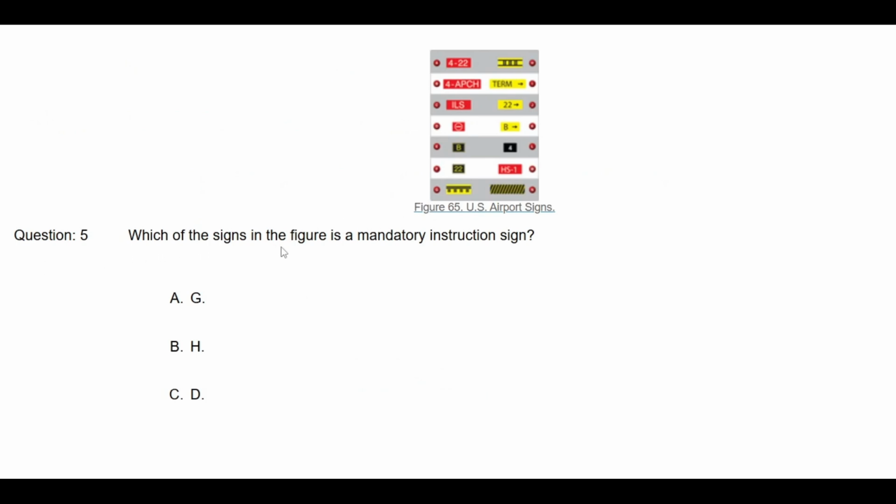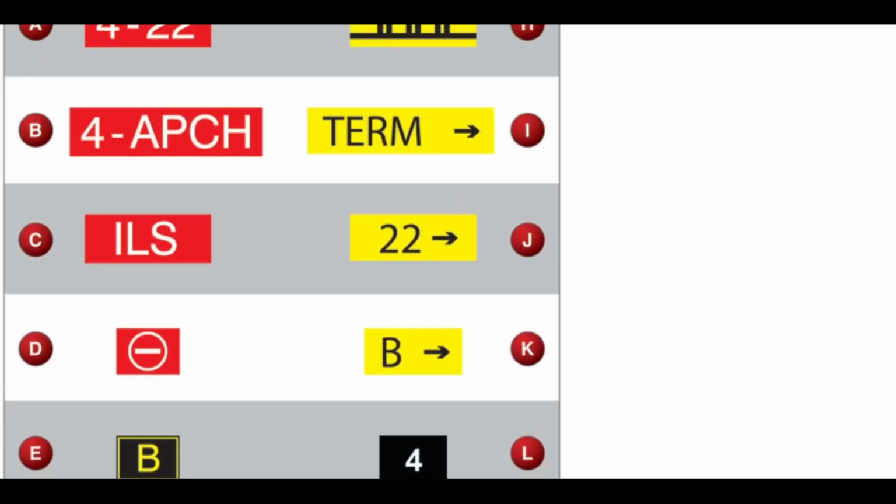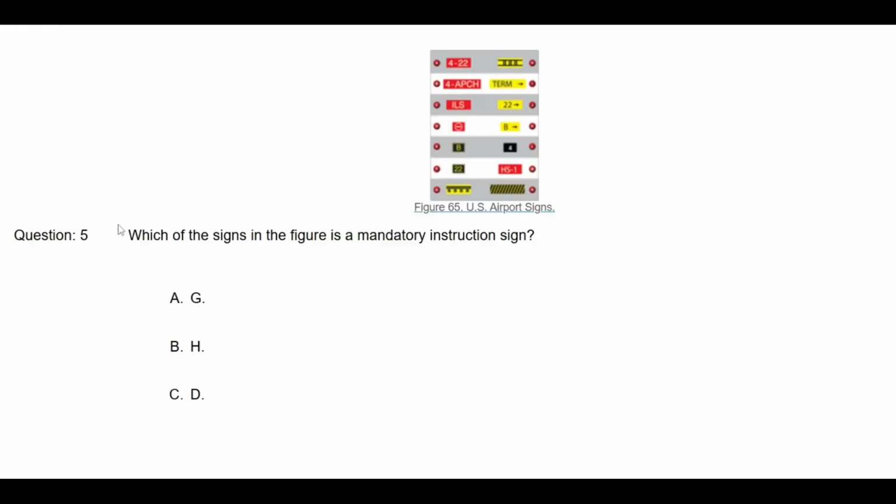Which of the signs is a mandatory instruction sign? G is not a mandatory instruction sign. This is a hold short line. H, no, same thing. And D, yes. D is where you're not allowed to cross. G and H are just hold short lines. So answer B, D.